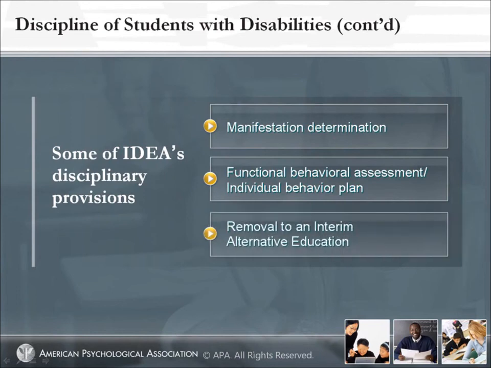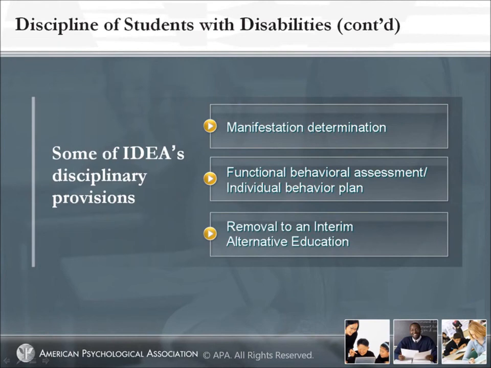Removal to an interim alternative education setting. For possession of drugs, weapons, or behavior involving serious bodily injury, students with disabilities may be removed to an interim alternative educational setting for a period up to 45 days.